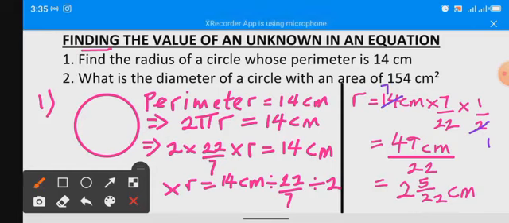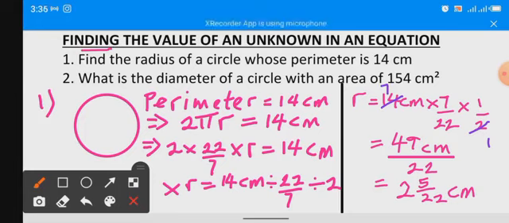Now we'll see that in this question we were not given the radius. Not all questions will give you the value of the radius. You have to work based on what you are given and what you are actually looking for.